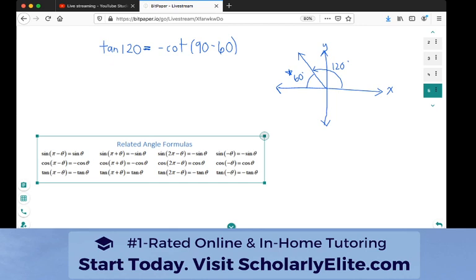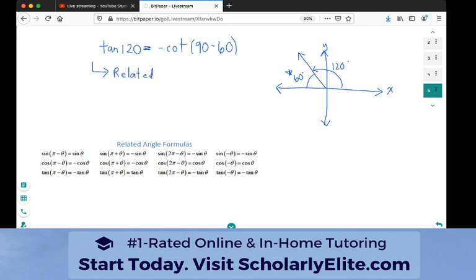So this is the correlated angle, but if we're looking at the related angle, then the related angle would be tan of pi by 3, because 60 degrees is your related angle. In Q1, that's the acute angle that you would use as a comparison.